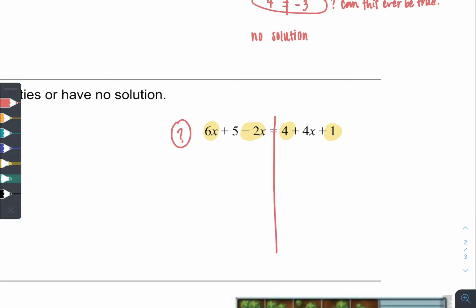So let's go ahead and combine those like terms. 6 minus 2x is 4x. 4 and 1 is 5. Let's go ahead and subtract 4x from both sides. And we get 5 equals 5. 5 is always going to equal 5 no matter what. So we get the answer all real numbers.